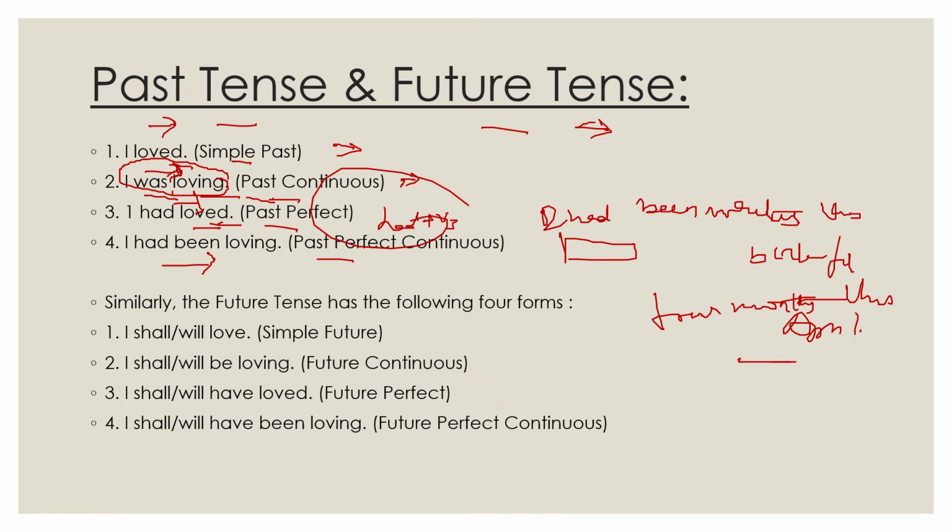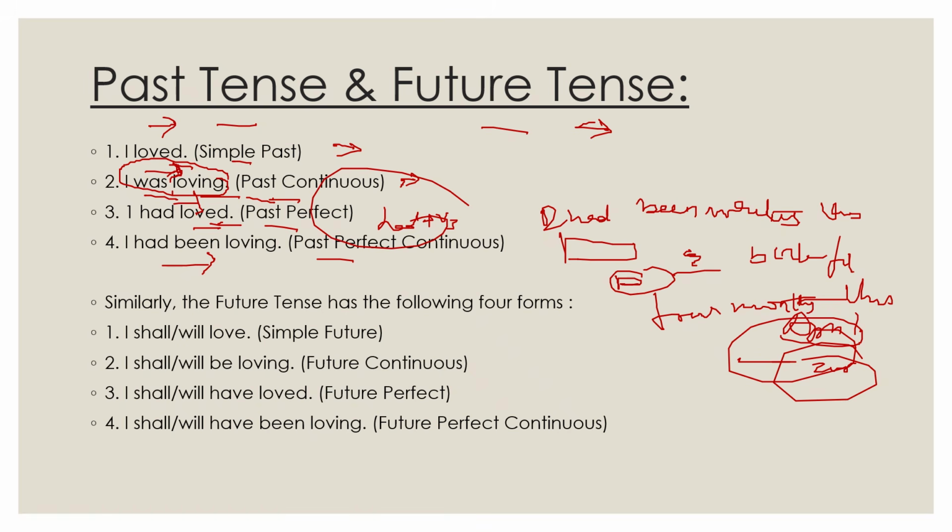That means in this year, April 2025, at the point of time of speaking, that person had been writing the book for 4 months. Okay, so that's the thing. He started before April, like 4 months before April, and he was writing that book in April also. At one point of time in April, he was doing that act for 4 months. So that is past perfect continuous.